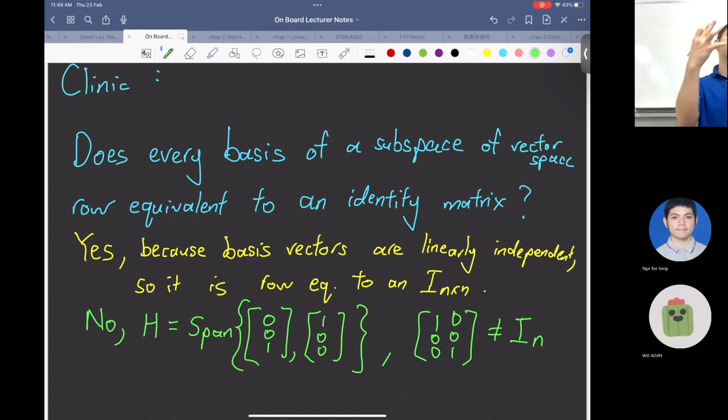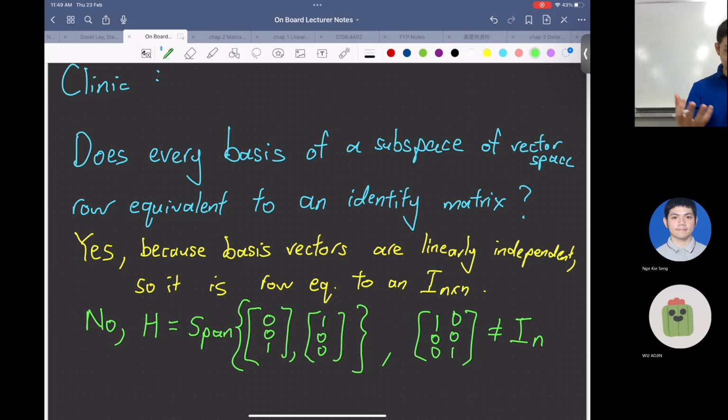So what's the issue here? In that case, it's not row equivalent to the identity.